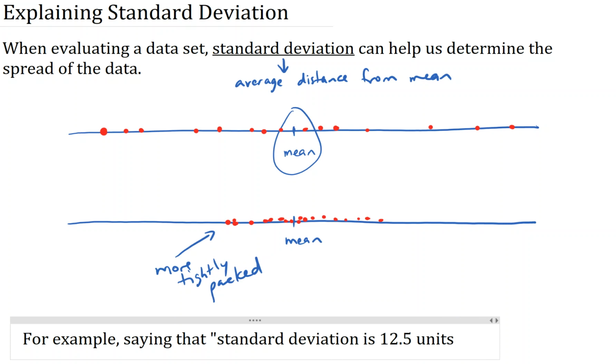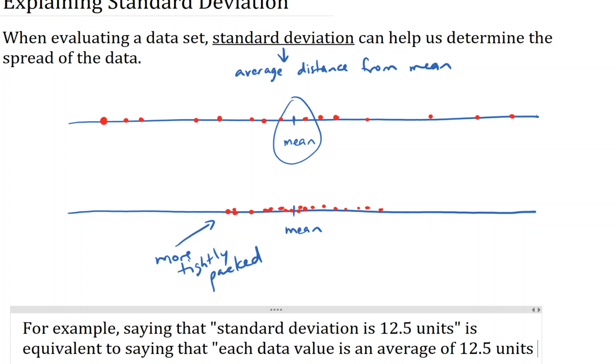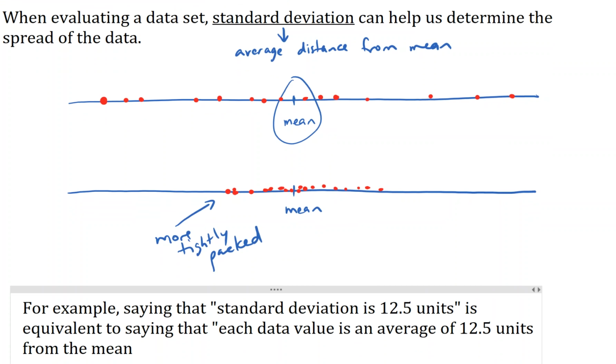Saying that standard deviation is 12.5 units is equivalent to saying that each data value is an average of 12.5 units from the mean. So if we have a standard deviation of 2, then that data would be much more tightly packed than a standard deviation of 12.5, as long as the two data sets have the same mean.